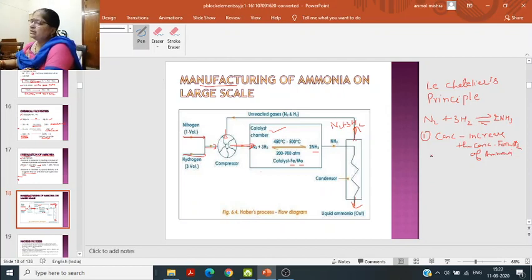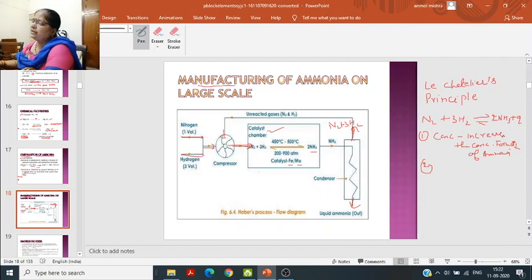Second is temperature. Now this reaction is an exothermic reaction, that is plus Q calories. In Le Chatelier's principle, if you increase the temperature, the reaction favors the endothermic process, but this reaction is exothermic, so low temperature will be required.